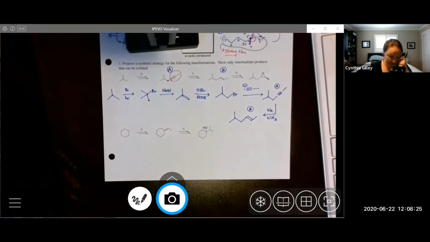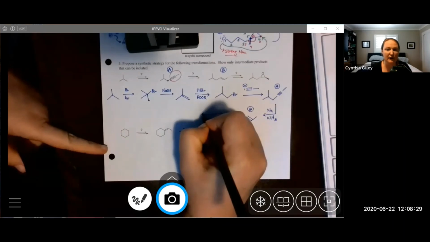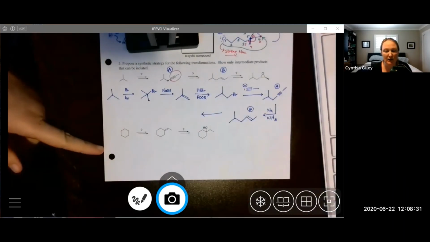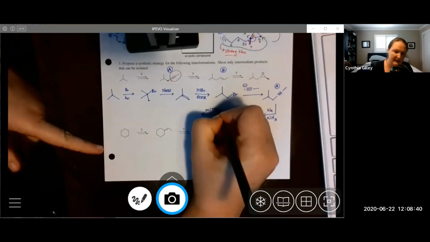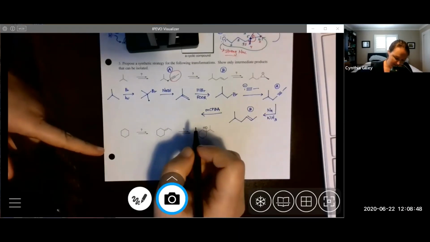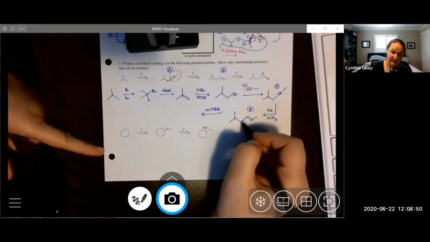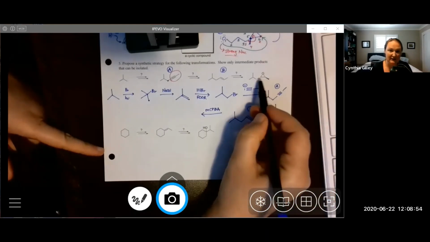And now we need to form the epoxide. Remember, it doesn't matter if you do MCPBA or bromine and water followed by sodium hydroxide. They do the same thing. It's a little bit less work to write MCPBA than the other, so we just write that. And that would form the epoxide. And notice how these groups are opposite, trans.